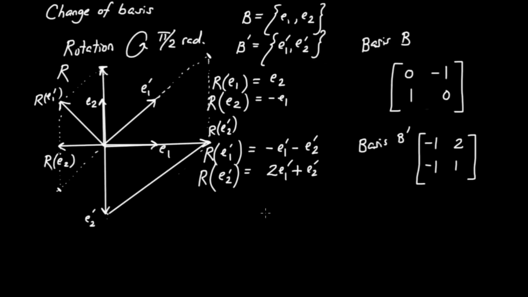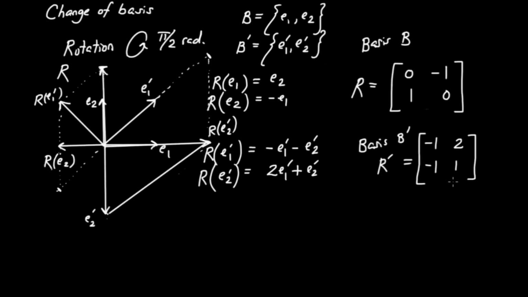Now, one interesting question you may ask is that if I have this matrix, let me call this matrix R, which represents a linear transformation in the basis B, can I figure out from that, and perhaps given another collection of matrices, can I figure out what this representation is? Let me call that one R prime, which represents the very same linear transformation but in a different basis. Can I convert the entries of this matrix into the entries of that matrix, and how should I do that?